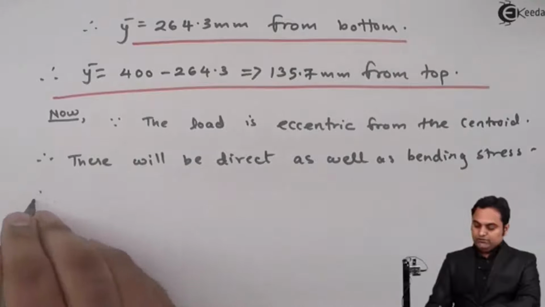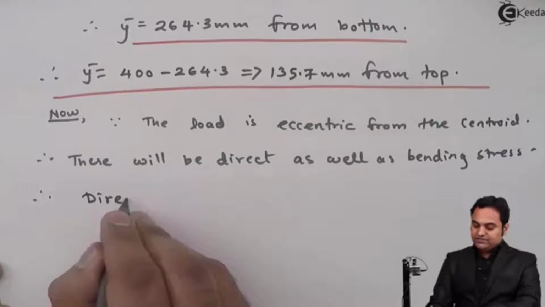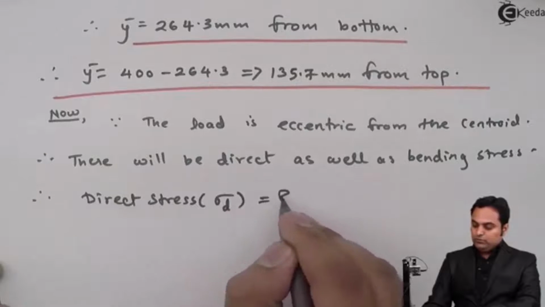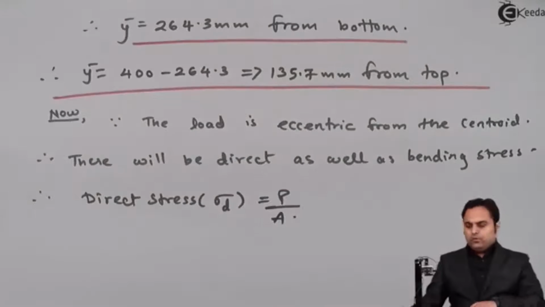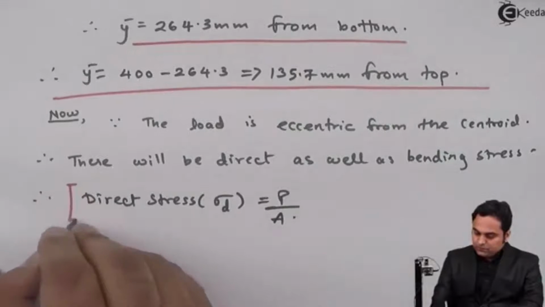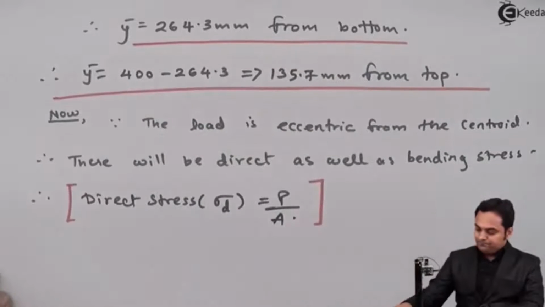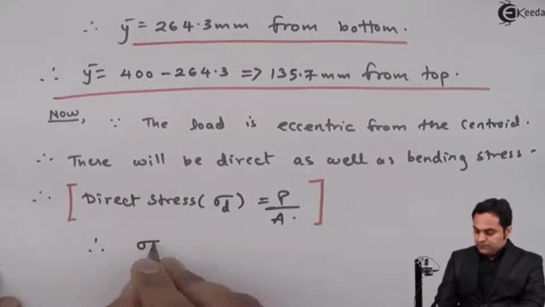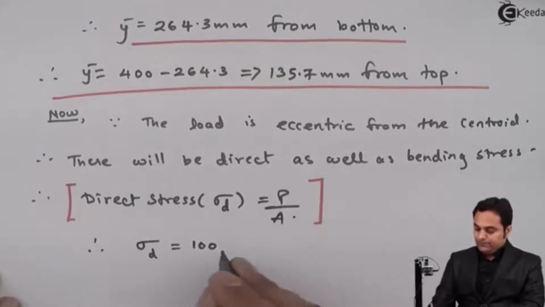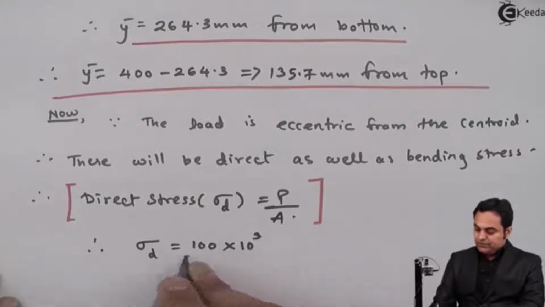So therefore I'll write down direct stress, sigma d is equal to load upon area. So now here I have written the formula of direct stress, which is load upon area. So sigma d is equal to, load is 100 kilonewton, so 100 into 10 raised to 3 Newton.